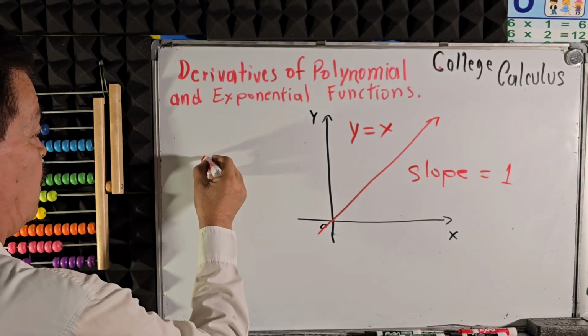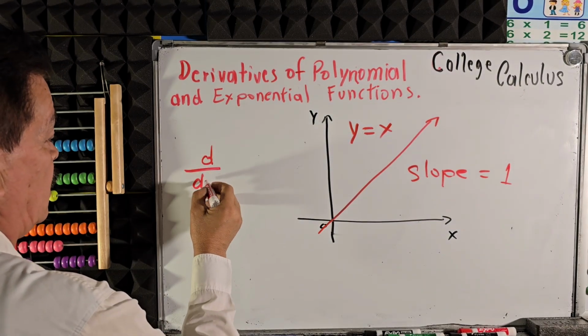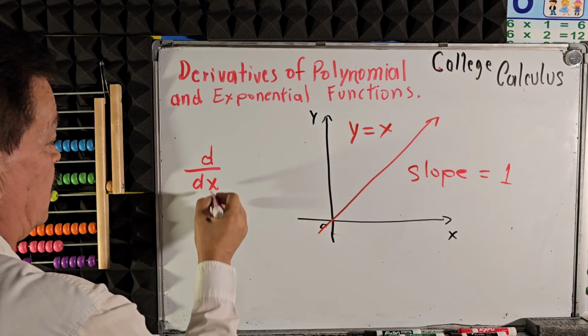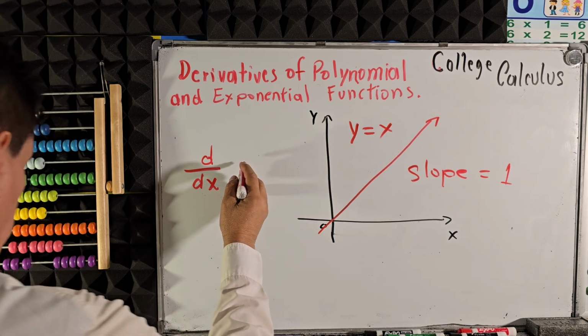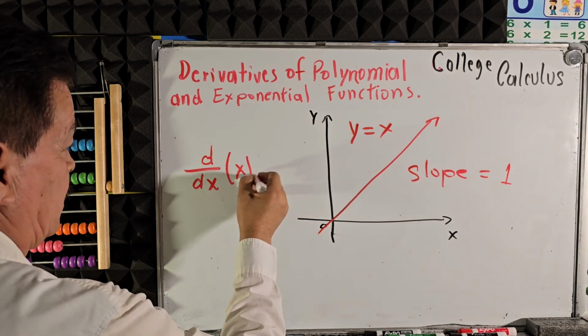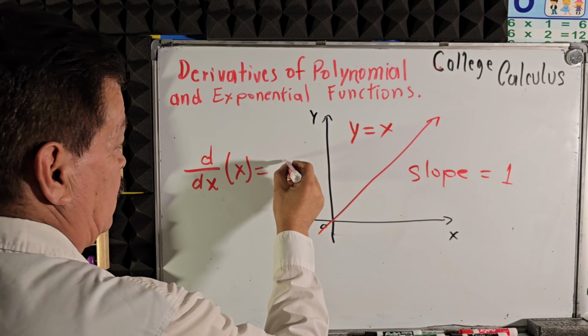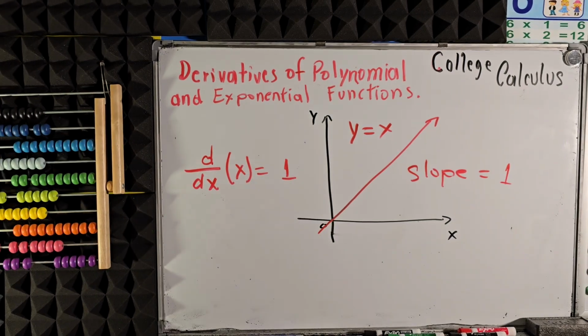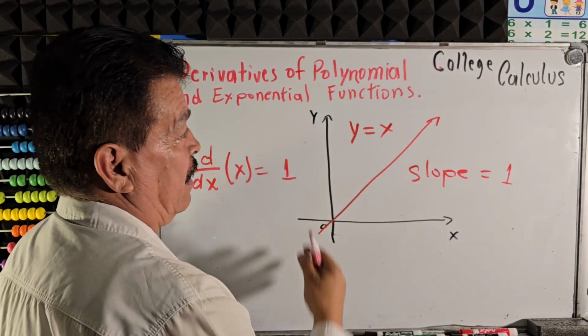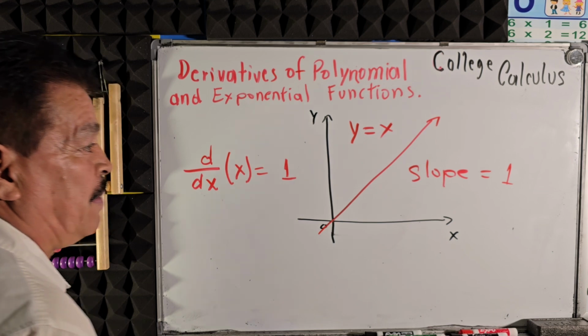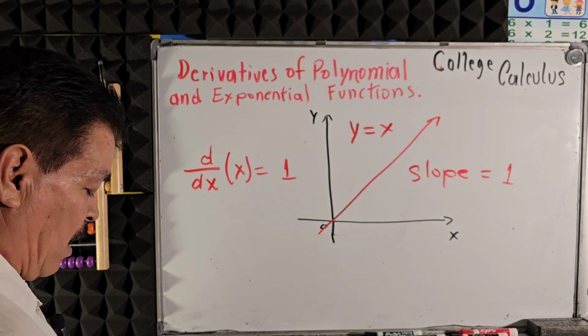Our graph shows that the derivative d/dx of x equals 1. This is the graph. Okay, that's explaining the concept that I gave you before.